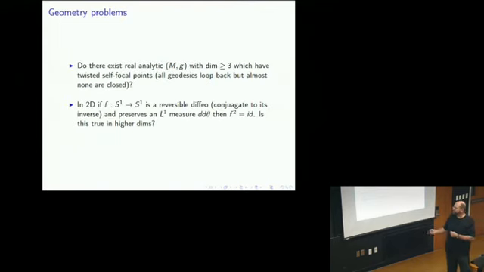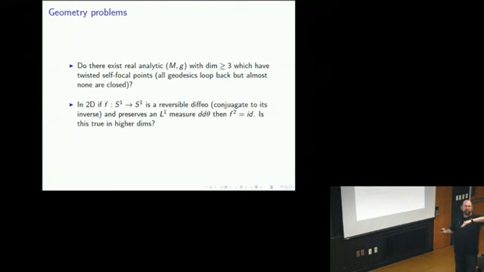And I might point out that this gives rise to two geometry problems of a kind of geometry which I guess people don't really study very much anymore. Number one, I don't know a single example of a three-dimensional manifold or higher which has a point where all the geodesics return unless they come back smoothly closed. So an ellipsoid was an example in 2 dimensions where every geodesic loops back, but they're not smoothly closed.